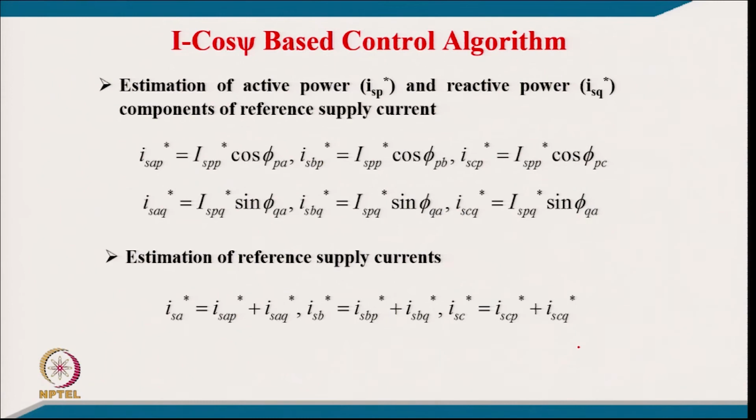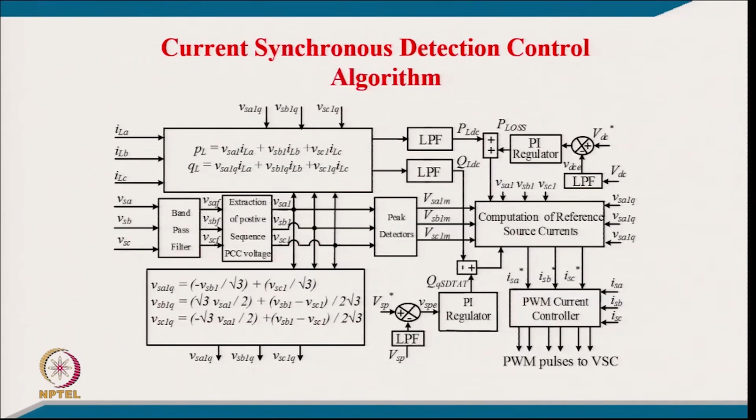Then we multiply the amplitudes with the respective templates and get the total reference supply current for A phase, B phase and C phase, and sensing the supply current we can apply a current control for getting the switches of the voltage source converter used as the DSTATCOM. Well, this is the second control algorithm.